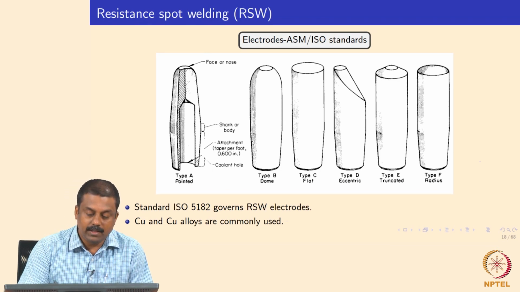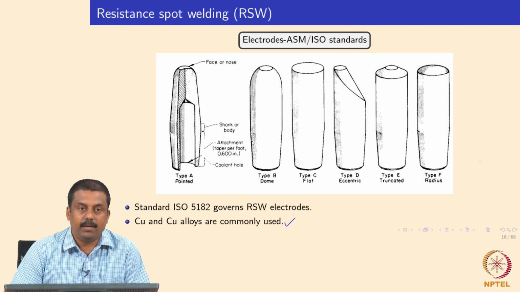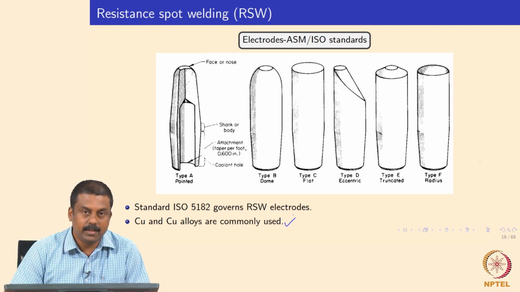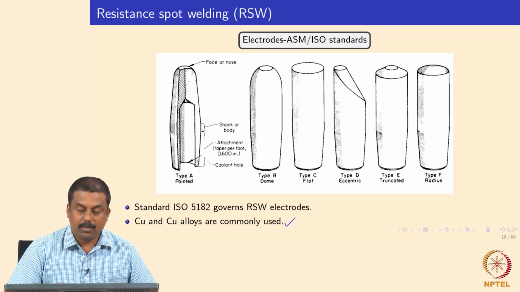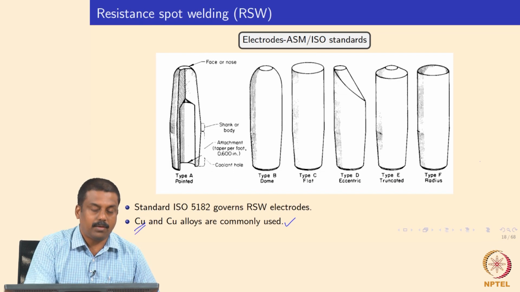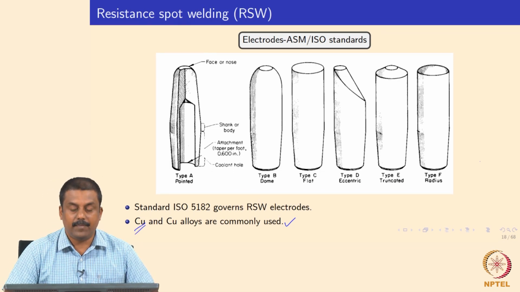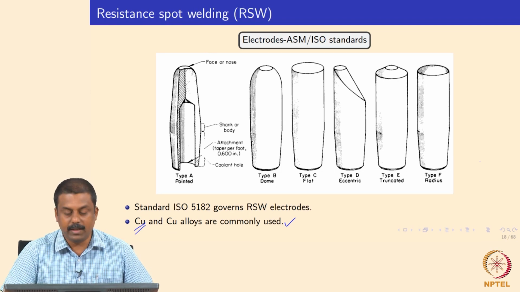As already explained, most of the electrodes used in resistance spot welding are made of copper or copper alloys. In most automotive industry applications, pure copper electrodes are commonly used to make spot welds in galvanized material. There are some inherent issues with using copper on a galvanized sheet surface.